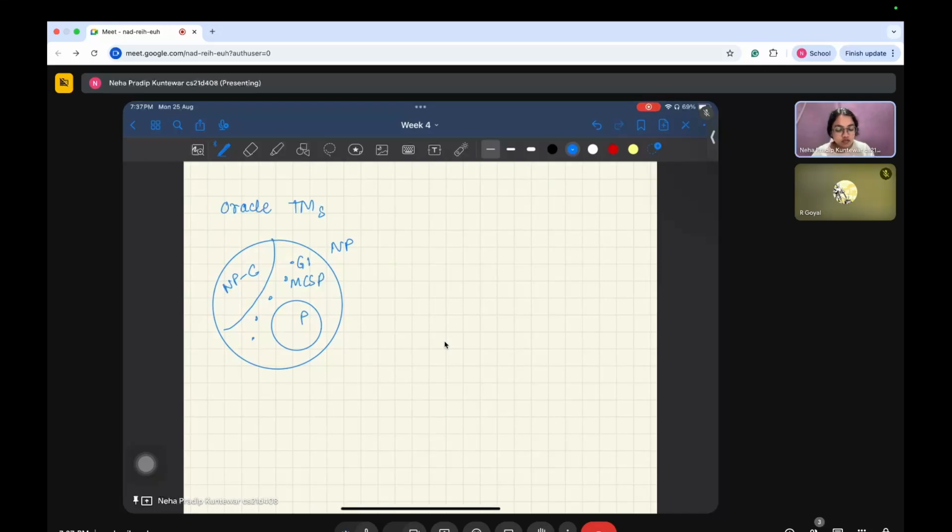Okay, so what Ladner shows is that, assuming that this class NP is different from P, it cannot be that the picture looks like this. So it cannot be that this is NP, you have NP complete problems and then the rest are P problems.